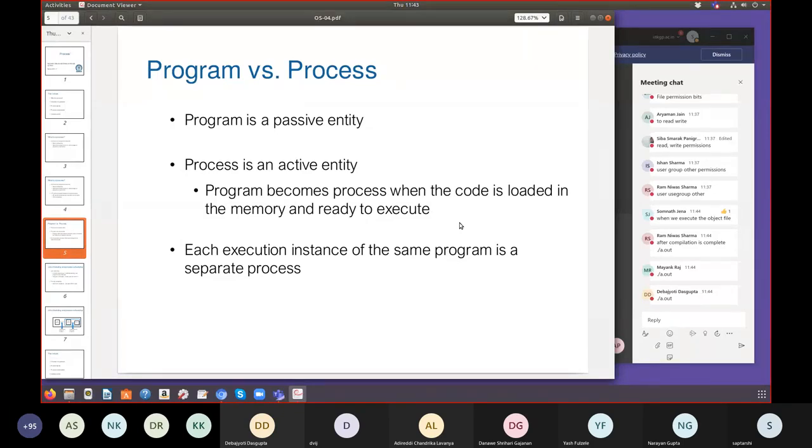Is it possible that multiple processes all running the same program are currently in the memory and all are executing? Okay, it is very much possible.